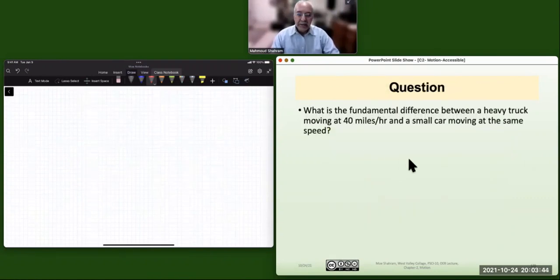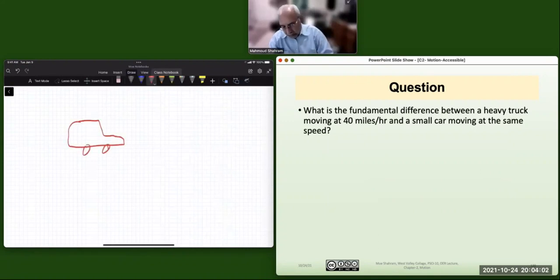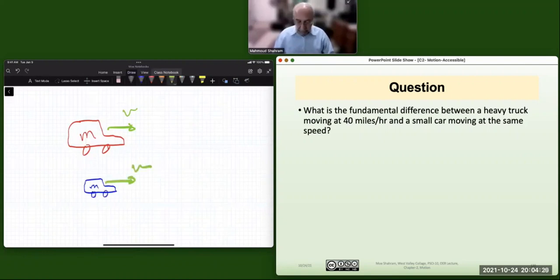Another concept that we need to understand in the case of motion is that when something is moving, it has a mass and also a velocity. So we have a car which has a mass m and a velocity v, and then if you have another car much smaller, it has the same velocity. What is the difference between these two?